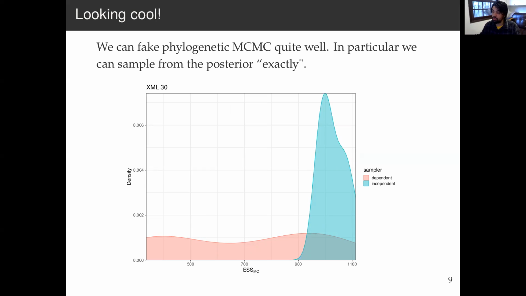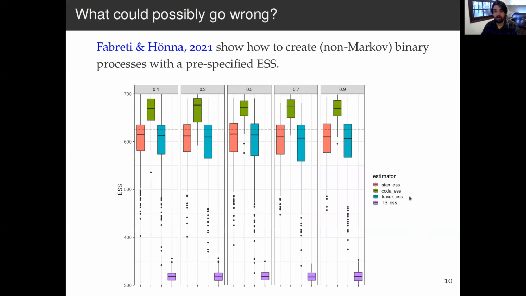So that allows us to run experiments like this, where we sample independently, then we look at the distribution of ESSs across clades, and it looks like this. So it's really close to nominal, right? Whereas when you sample from the posterior using regular MCMC, some clades perform well, some don't, and that's what you see there. So this is looking really cool. So what could possibly go wrong?